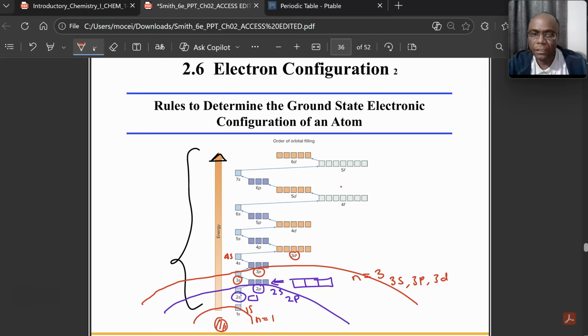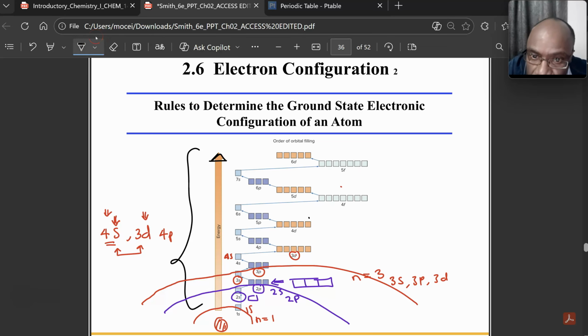shells using something that looks like a Pascal's triangle. But for now, just know the rule is that we always fill up the 4s before 3d, because the 4s has an s orbital which is happy to be close to the nucleus, and the energy between these two is usually very close. So we usually just fill up the 4s before we fill up the 3d, then we go to the 4p.